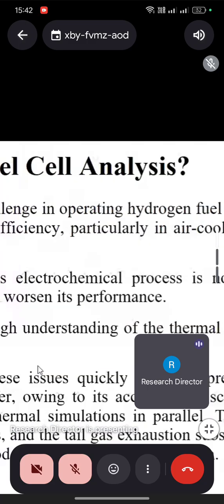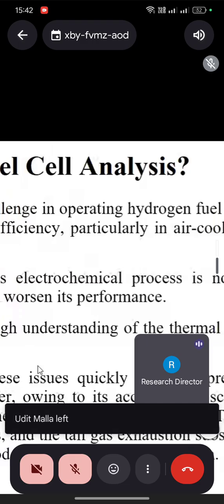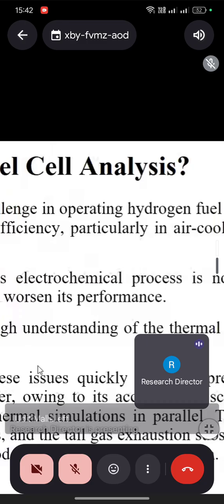Now, why is CFD used in fuel cell analysis? That is more important than understanding the basic things. Basically, we want to manage heat dissipation properly in the fuel cell.